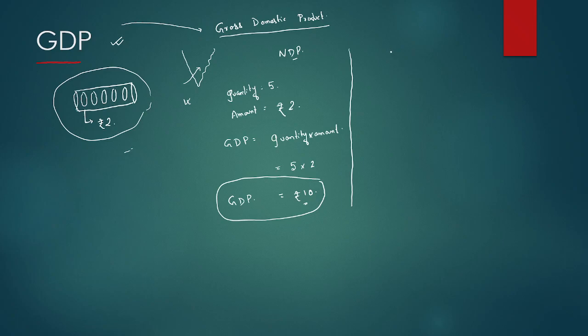So let's see why it is domestic. This is the Indian territory. Whatever has been manufactured here, like biscuits, cakes, everything, the quantity into amount is the GDP.